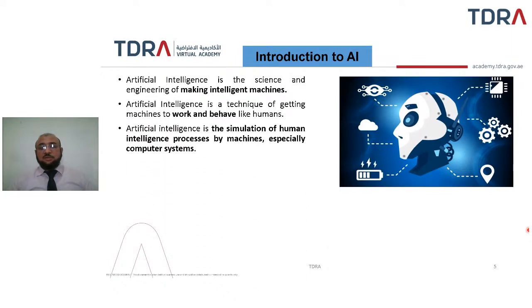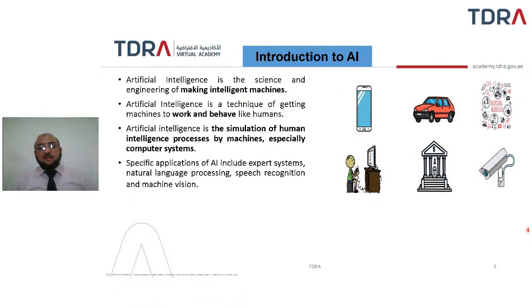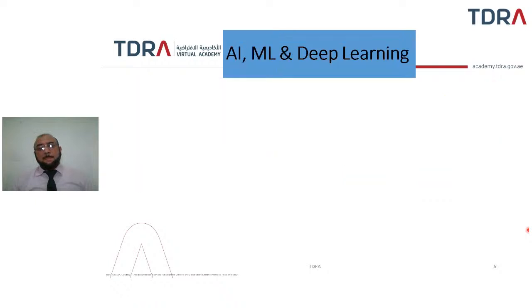Artificial intelligence is a simulation of the human intelligence process by machines, especially computer systems. Specific applications of AI include expert systems, natural language processing, speech recognition, and machine vision. And there are others as well.